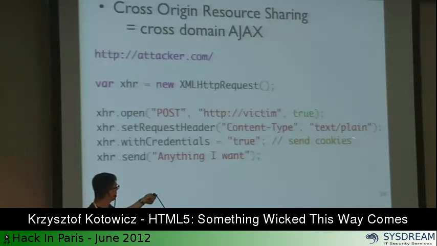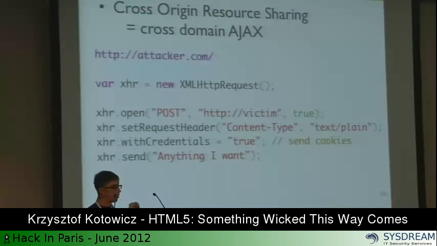Setting the content type, it doesn't have to be text plain. We'll modify it in a moment. And using the withCredentials flag. The withCredentials flag is the new feature of HTML5 cross-origin resource sharing. It simply says attach cookies to the request. Attach cookies that the browser has for the victim website.